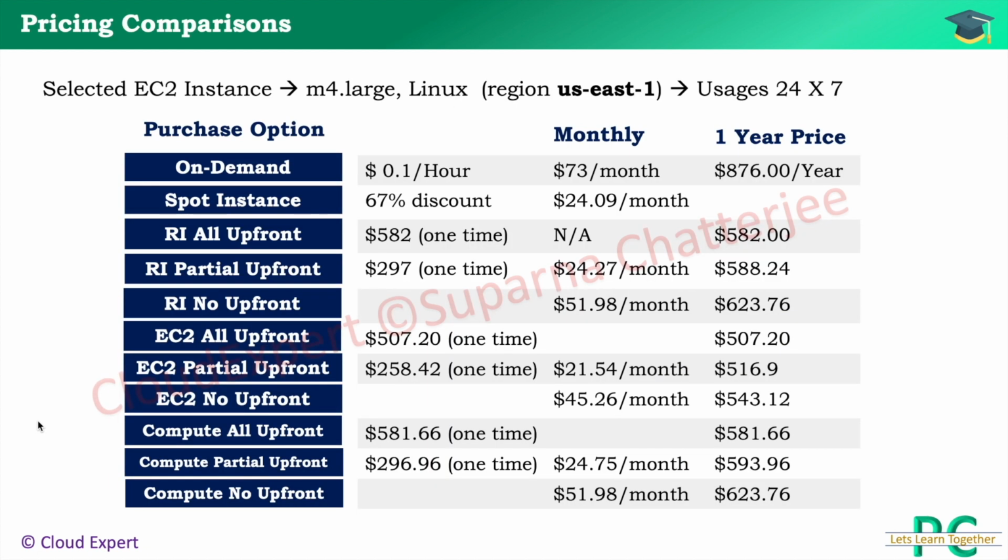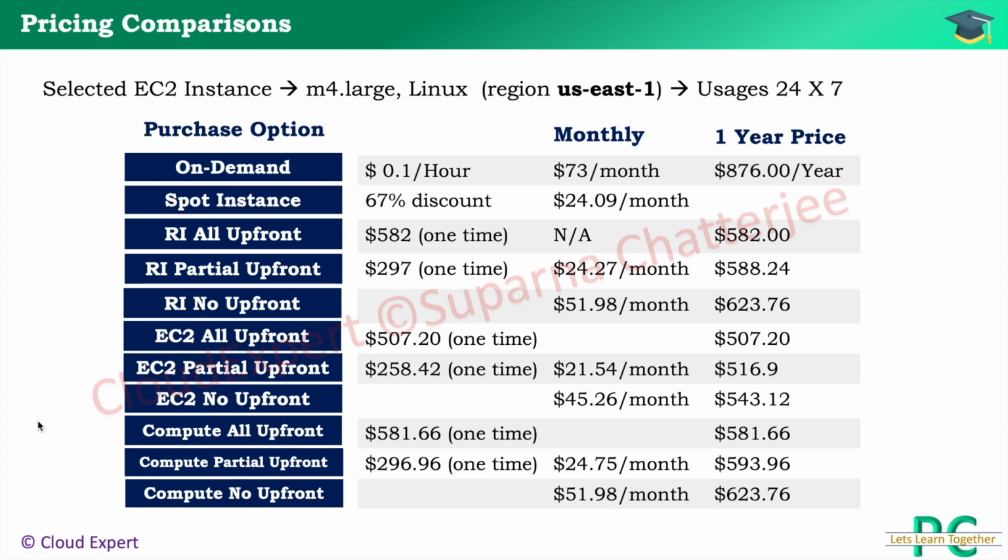Now we are going to do a pricing comparison. We have selected an M4 large Linux EC2 instance in US East 1 region, and we are assuming that we will run that instance 24/7 for a duration of 1 year. If I go for on-demand, then the charges will be 10 cents per hour.